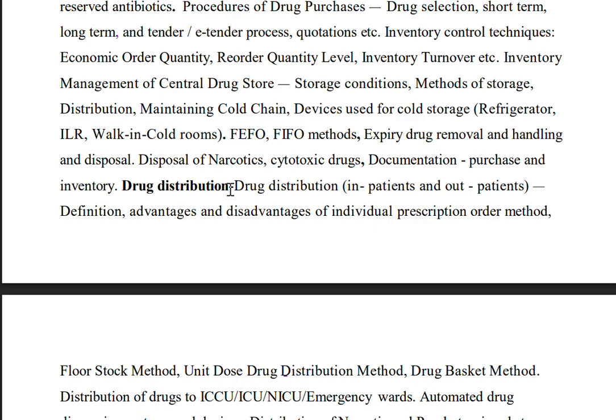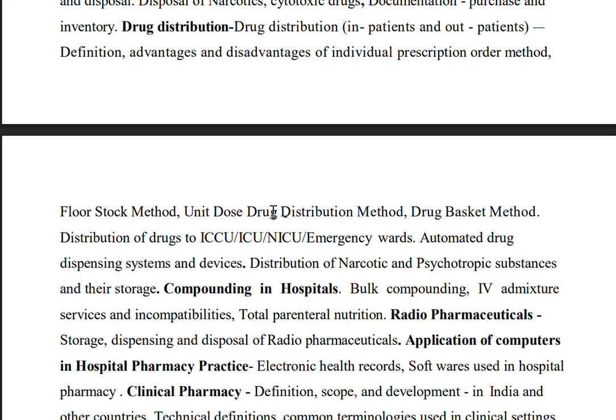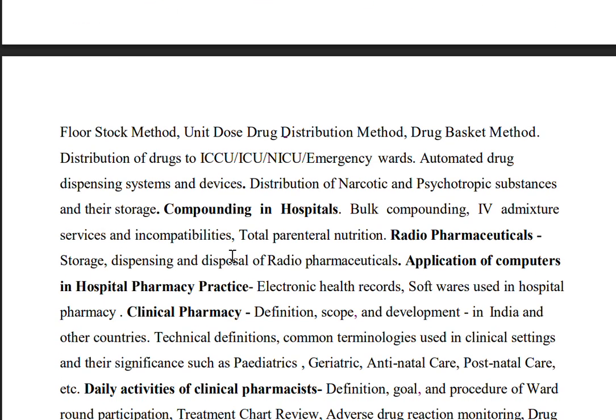The drug distribution methods: floor stock method and then unit dosage distribution method. Different processes are used in each and every hospital based on their convenience. There are different methods. We have to focus on what the syllabus has given. And compounding in hospitals, radiopharmaceuticals, storage, dispensing, and disposal of radiopharmaceuticals.